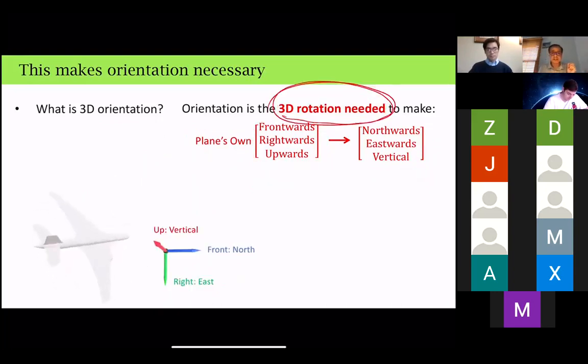So here is the animation where the plane's rotating until the plane's local coordinate frame aligns with the global coordinate frame. Okay? That rotation that you saw has to be captured by that 3D rotation matrix, right? The question is, what is that 3D rotation matrix? If you know the 3D rotation matrix, you're done.